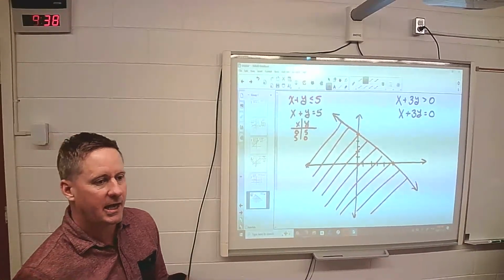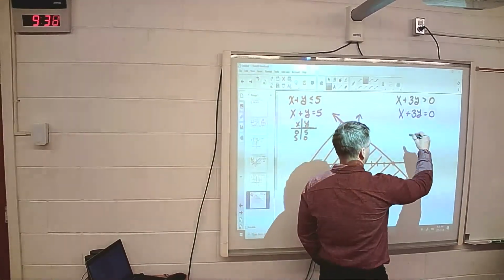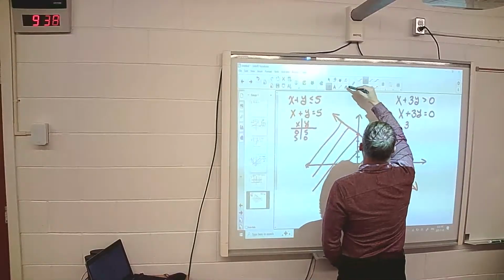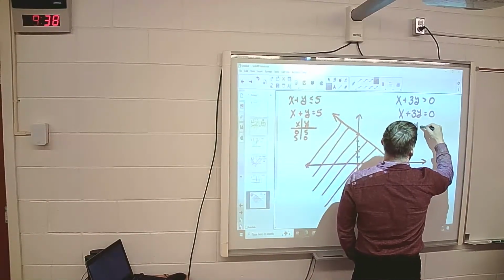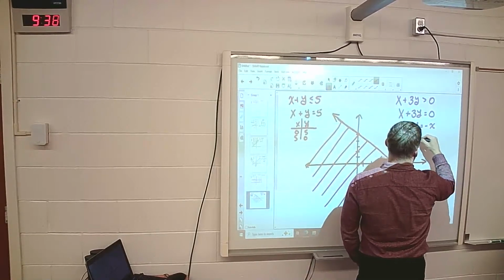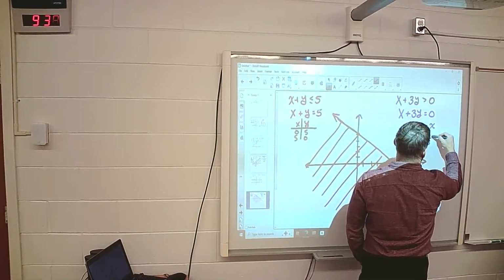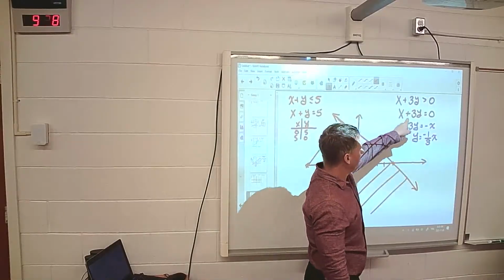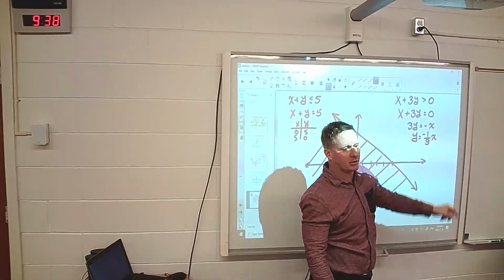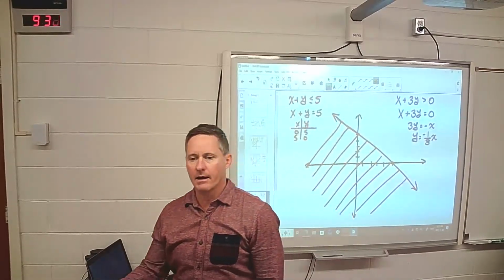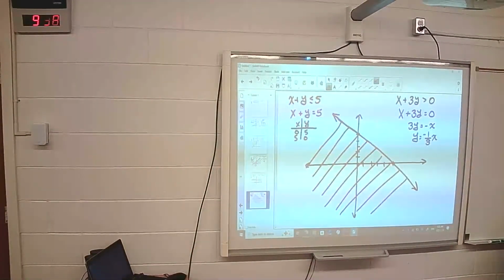So I need to change that into y equals mx plus b. 3y equals negative x, y equals negative 1/3 x. I'm going to get y by itself. I subtracted x and put it on the right side. That's how I got negative x. Then I needed to divide by 3 to get rid of the 3 in front of the y.